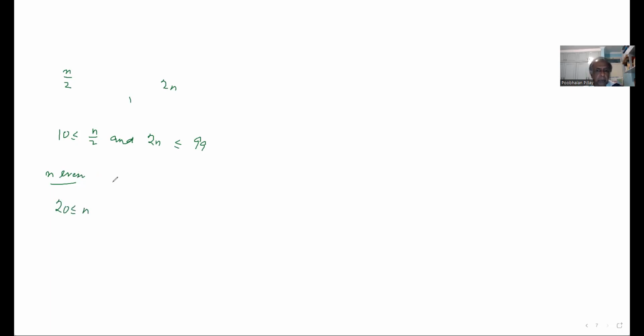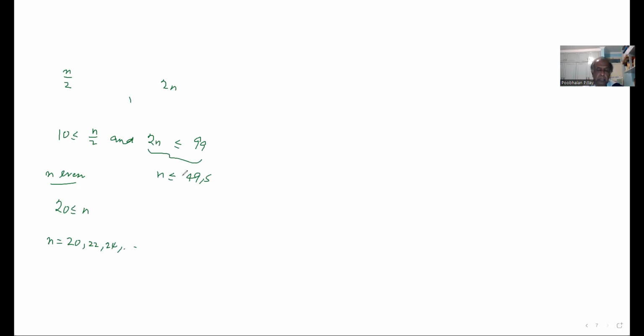So putting that together with n is even, that means n is equal to 20 or 22 or 24 and so on. And what does it go up to? This thing here says that n is less than or equal to, if you divide by 2 on both sides, n is less than or equal to 49.5, but n is an integer.